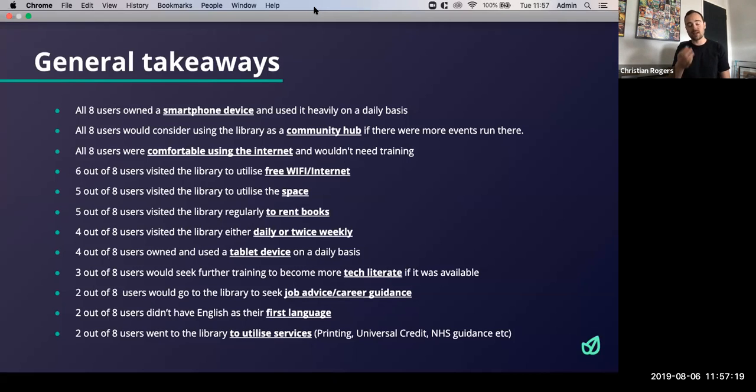Because he viewed the library as an information hub, that's what he called it, and a support network where people can go and access information whenever they want, without worrying about the internet. Because he didn't have the internet at home.